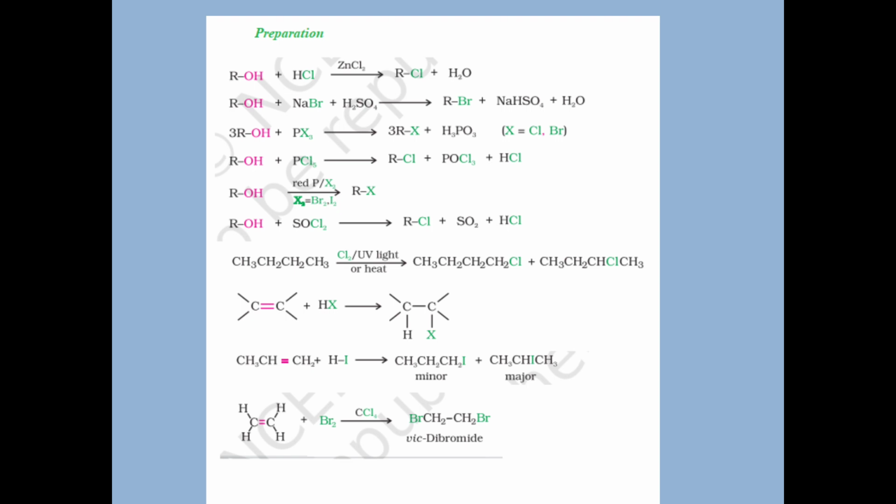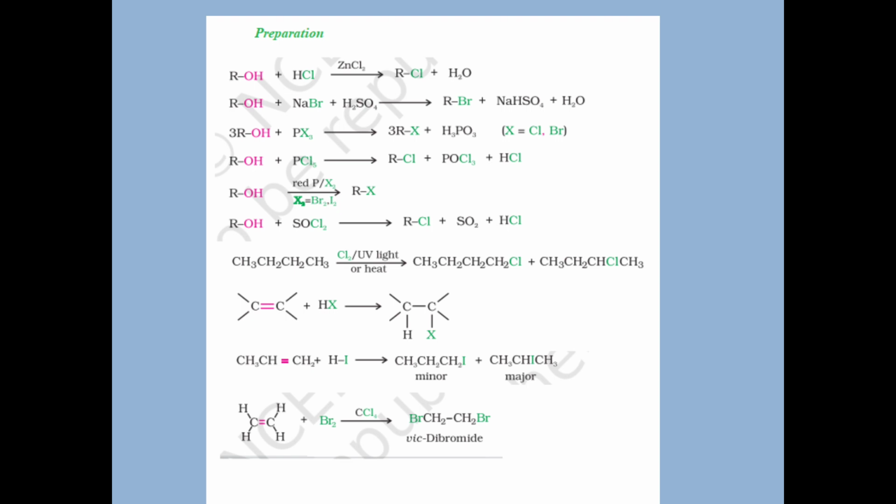We can prepare the halogen compound from alkane by controlled halogenation in presence of UV light or heat. In this reaction the butane is converted into n-butyl chloride or isobutyl chloride.